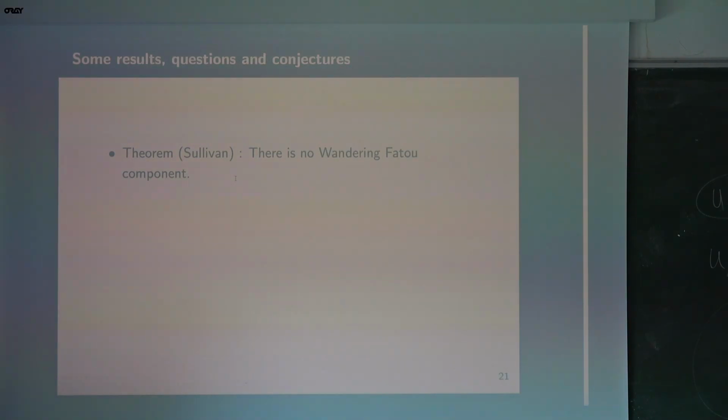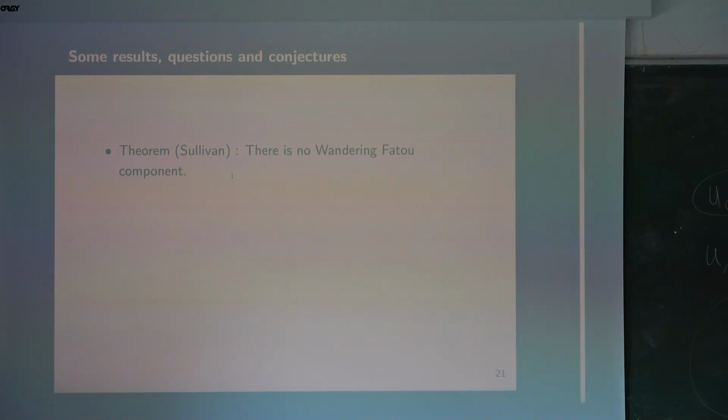It's a lot of work from a lot of people, and I just want to speak about some results. There is this important result of Sullivan, who says that there is no wandering Fatou component. You take a connected component in the Fatou set, and you take its image by the map, here it's P. You get a Fatou component, etc. And the question is, will it come back or not?